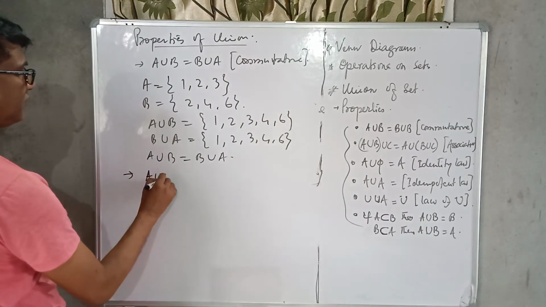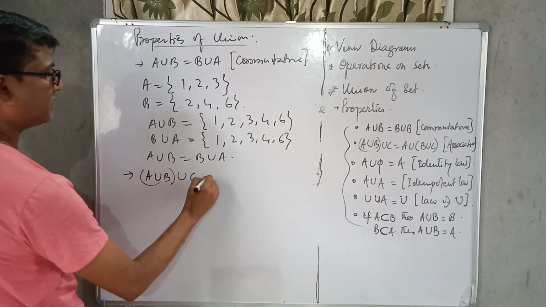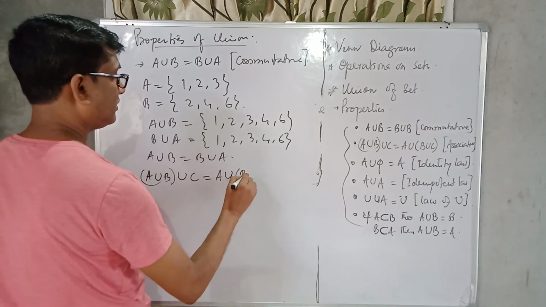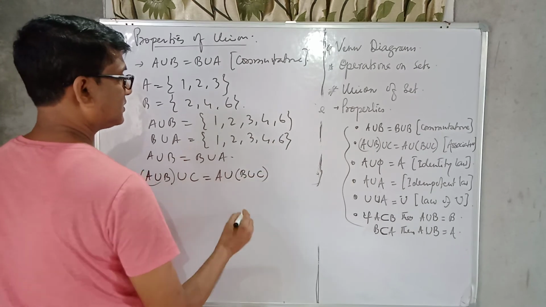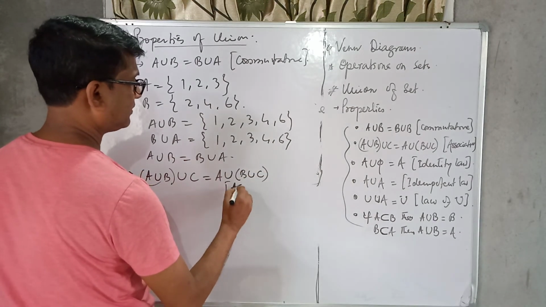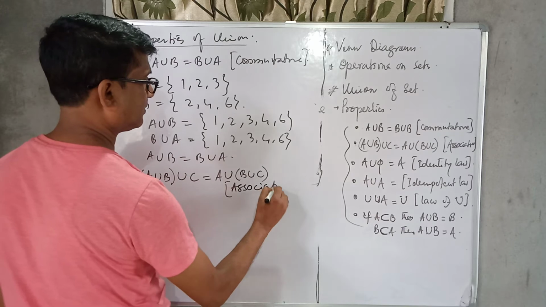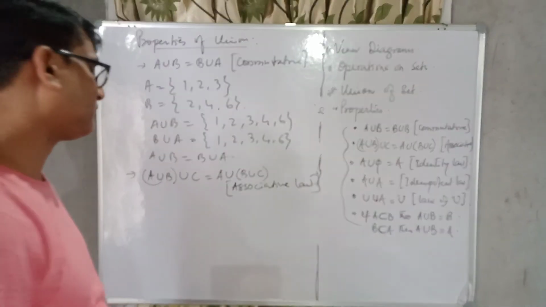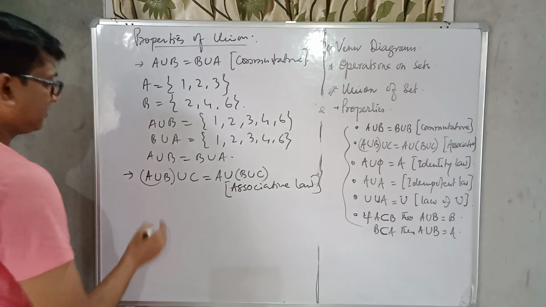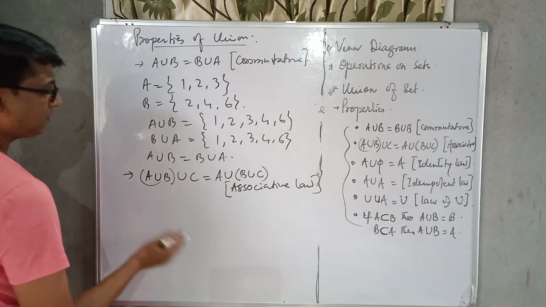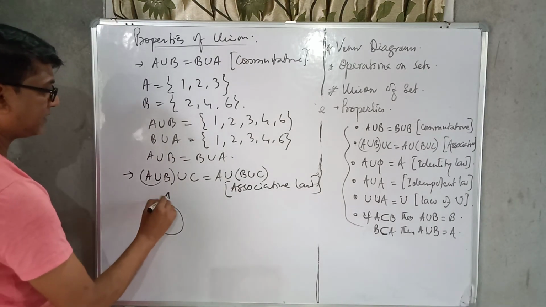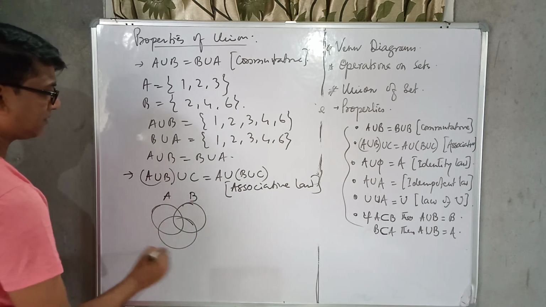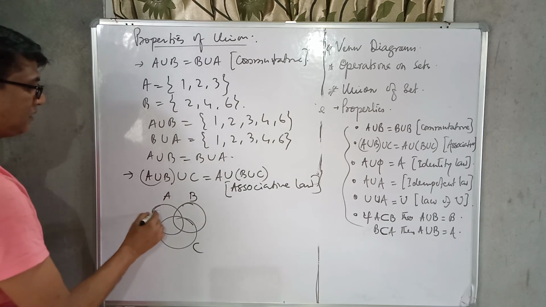A union B union C. If we take 3 sets, A union B union C, this is known as the associative law. Now see, if we take 3 sets, this is A, this is B, and this is C. What will be A union B?